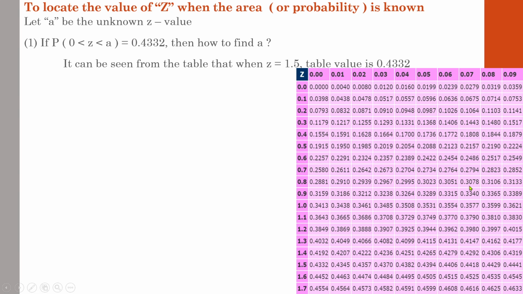Don't worry about it. 0.4332 comes under the category of the 0.4 series. So here 0.0, 0.1, 0.2s, 0.3s, and 0.4, and you need to find 0.4332. See, like this.